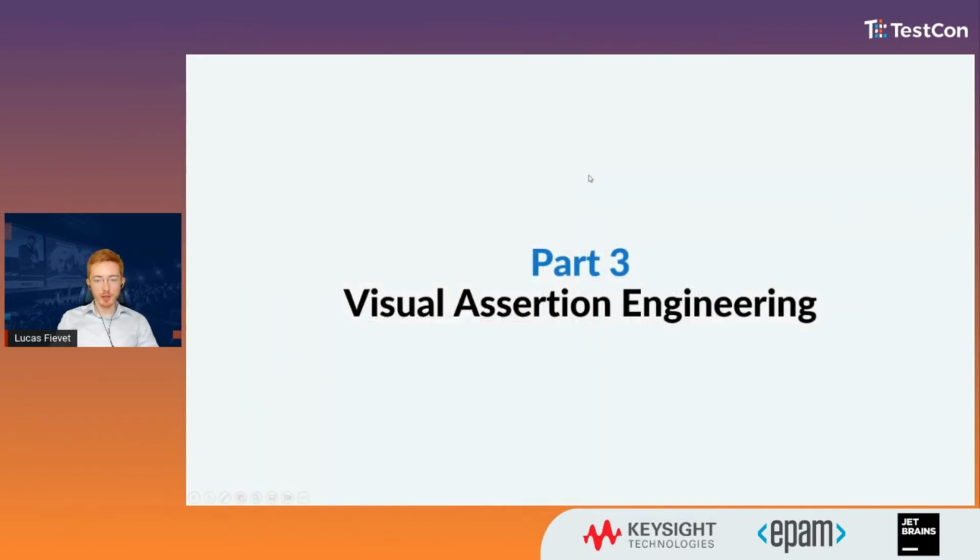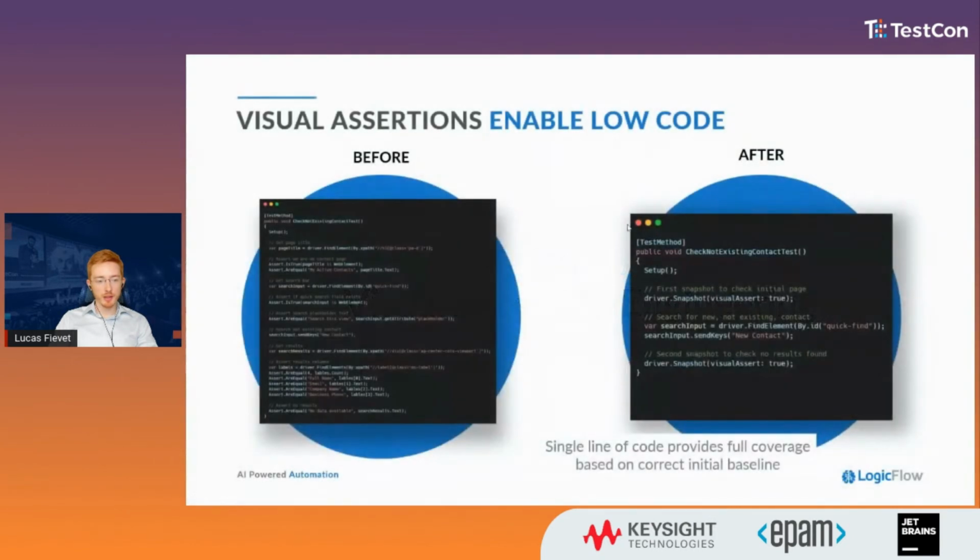So now we can go to the next part. Part 3 is the visual assertion engineering. Let's look at the simplification that it brings, as already mentioned at the beginning of the example. Here to the left, we have this scenario where we open a page with different contacts, and we want to search for a new contact and confirm that this contact has been found.